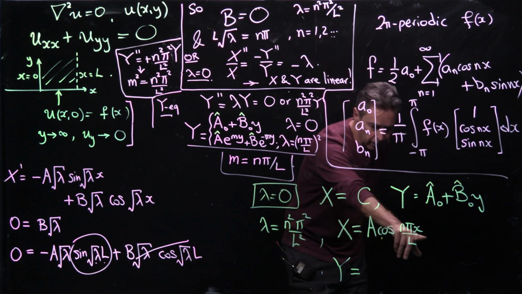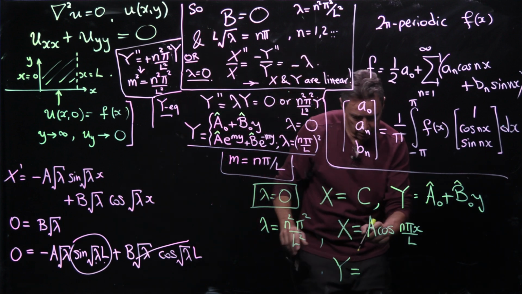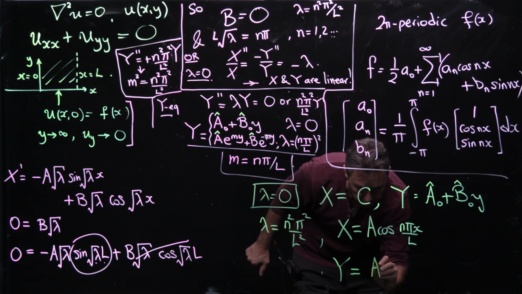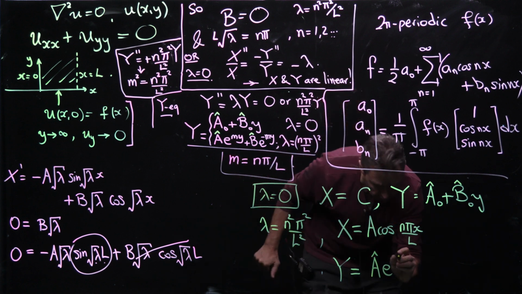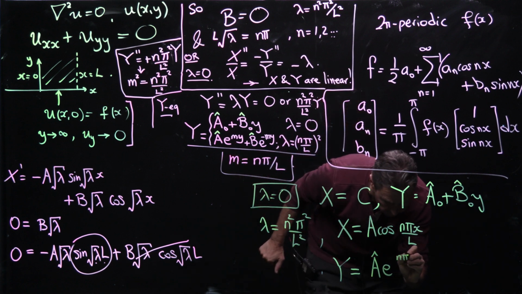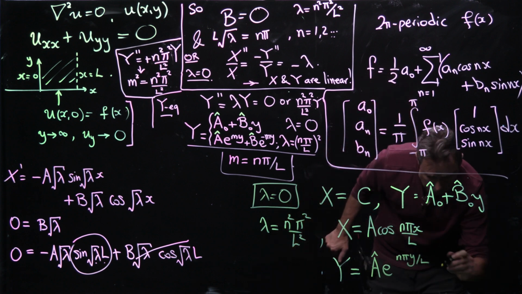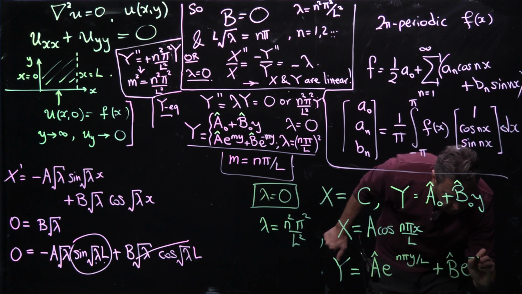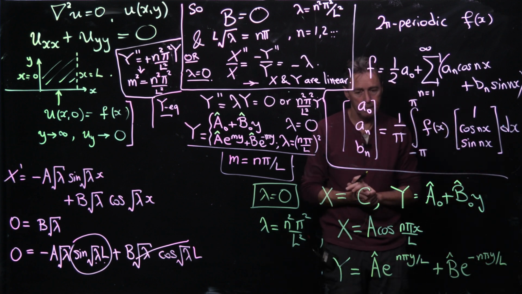So I've got an A and a B, but the B was 0. That was one of the conclusions here, right? That was in X. For the Y function, I've got this thing, A hat e to the n pi y on L. That's putting m in. And then I've got a B hat e to the minus n pi y on L. Right, so there it is.